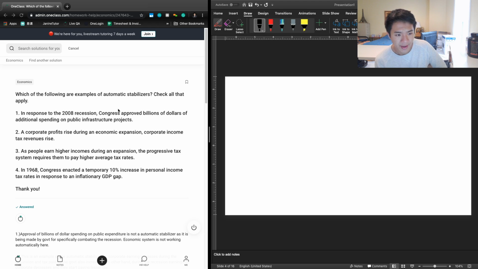Number 3, as people earn higher incomes during the expansion, the progressive tax system requires them to pay higher average tax rates. And number 4, in 1968, Congress enacted a temporary 10% increase in personal income taxes in response to an inflationary GDP gap. And so the question here is really asking us first, what is an automatic stabilizer?